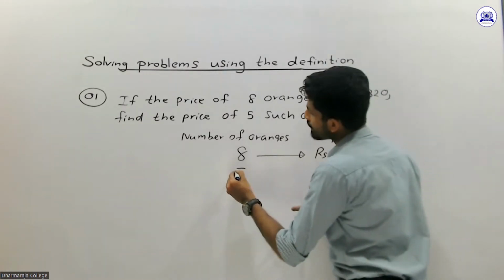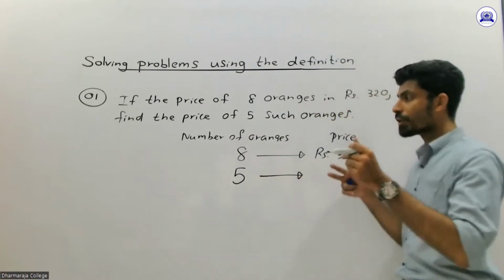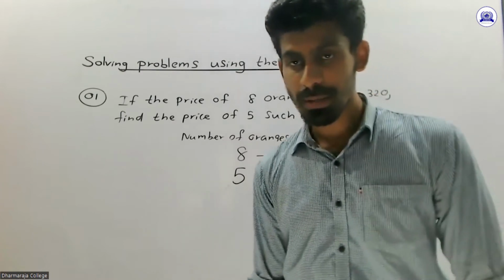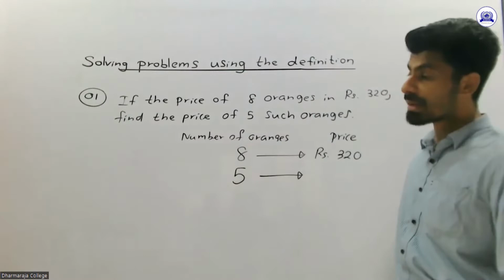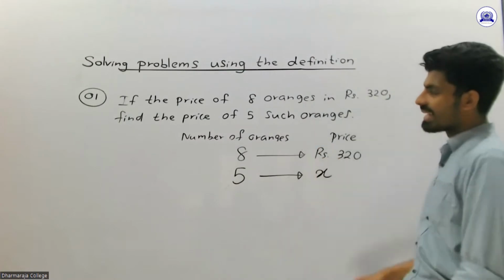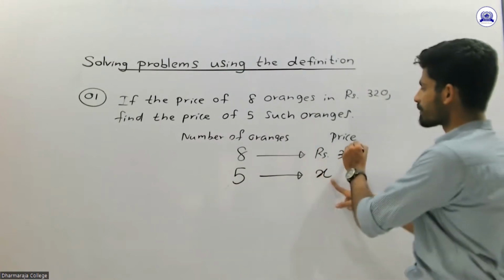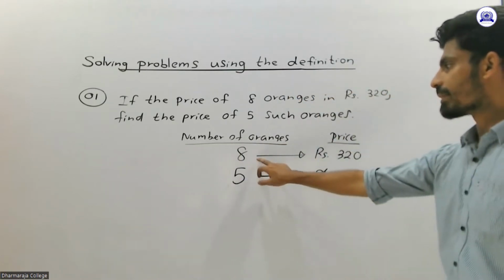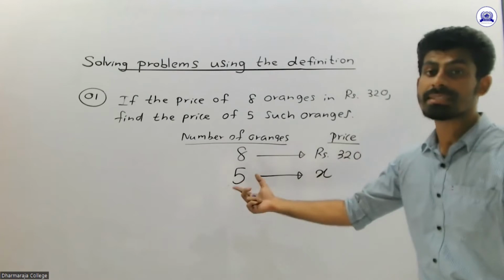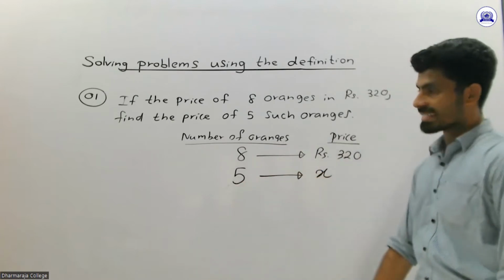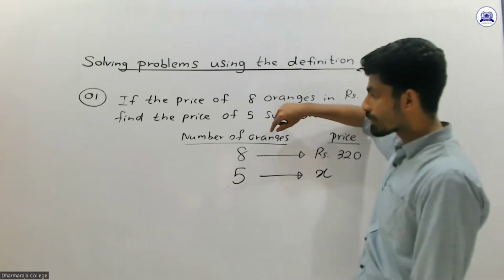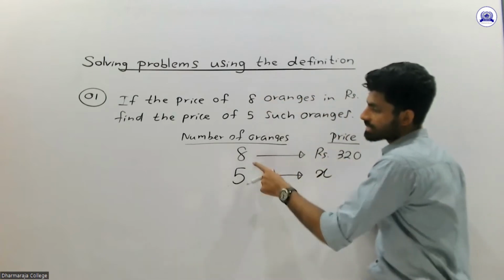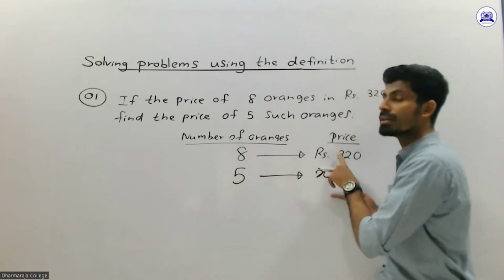Now what about the 5 oranges? You don't know the value. In mathematics, if you don't know a value, we use X. I take X as the price of 5 oranges. So 8 oranges cost 320, and 5 oranges cost X. That means this ratio should equal this one.